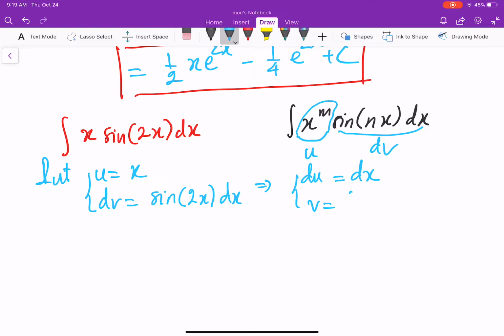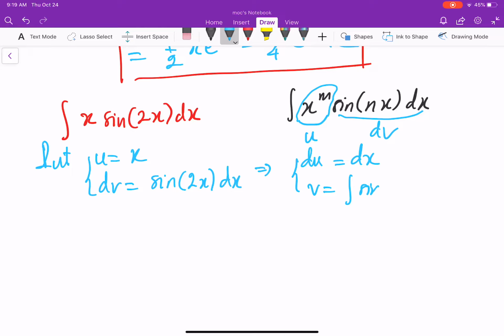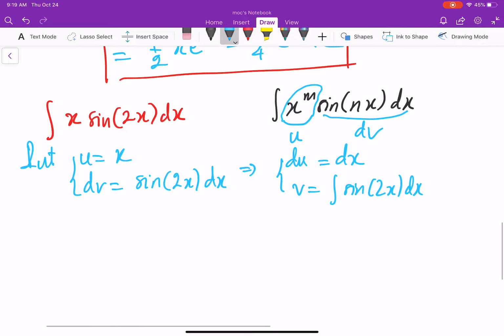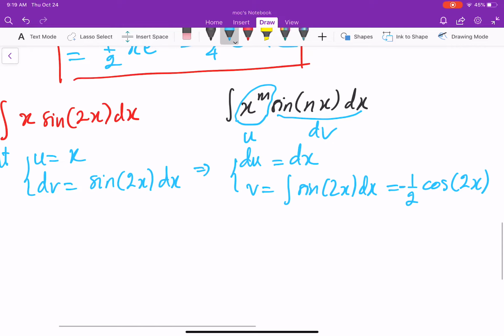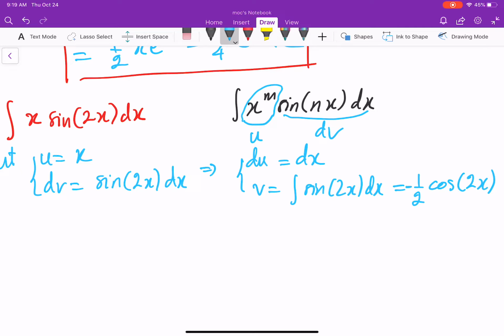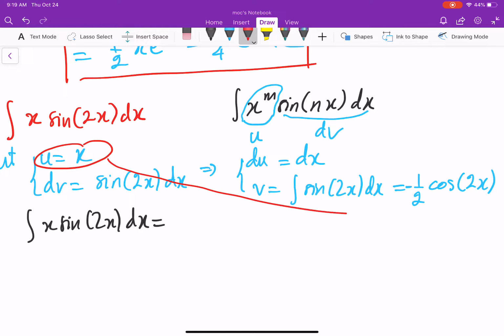And v, that is the antiderivative of sine of 2x dx. So what's that? I write in short, 1/2 with the negative, and here you have cosine of 2x. All right, and now I will apply the formula of integration by parts. Our original integral, I write here, integral x sine of 2x dx equal to, first, x in here, multiplied with this guy, and then subtract this guy multiplied with this guy.